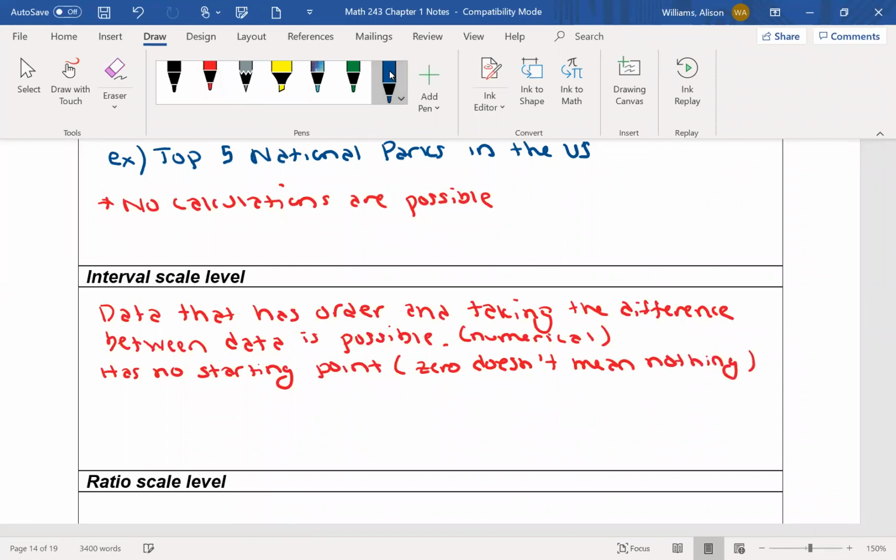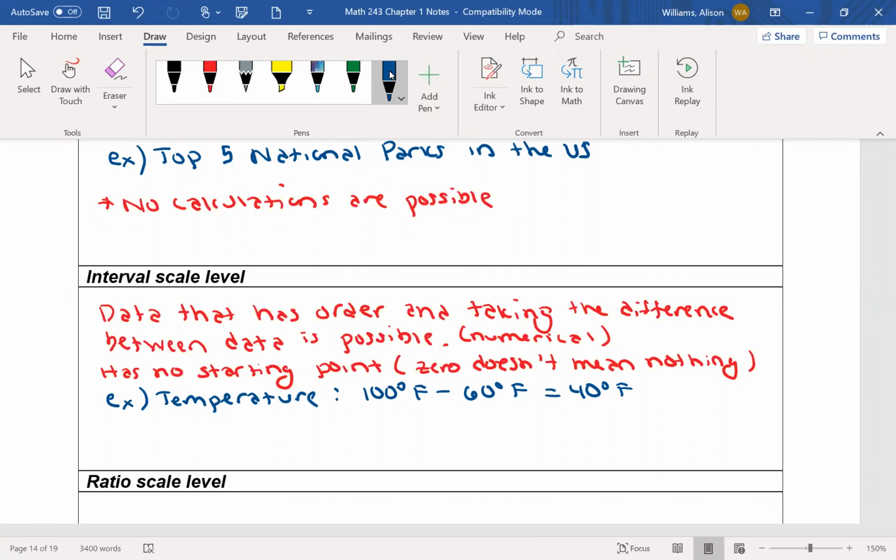Let me give you an example of data that's numerical, but zero doesn't mean nothing: temperature. When you talk about temperature, you can take the difference between two temperatures. We'll use 100 degrees Fahrenheit minus 60 degrees Fahrenheit, and that equals 40 degrees Fahrenheit. That fully makes sense.